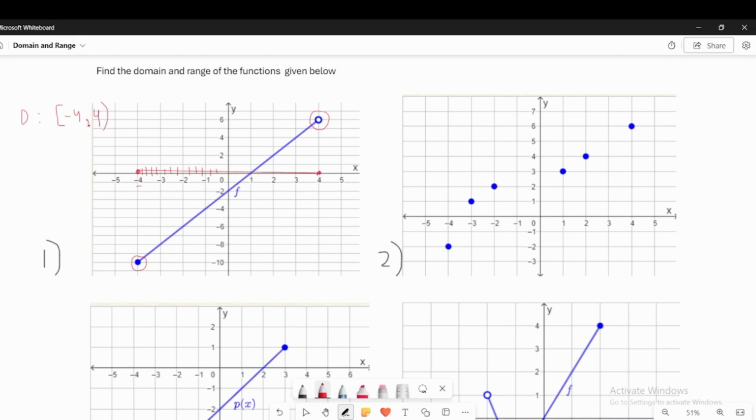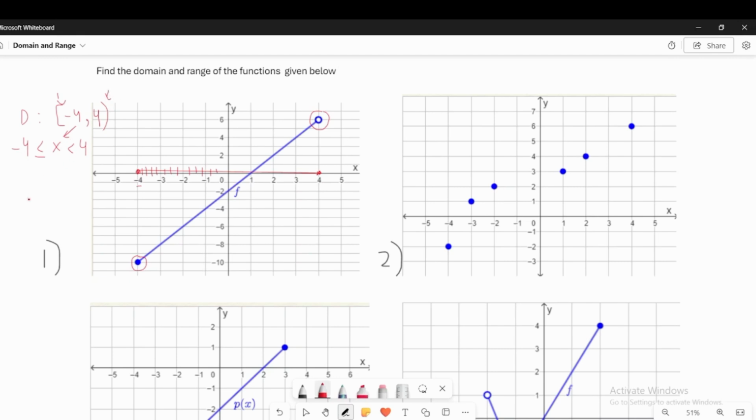Now, what does it mean? That your input can take any value that is greater than or equal to -4 and less than 4. All the numbers, and you know there are infinite numbers in this interval. Okay, so this is the actual meaning of -4 to 4 with these brackets here. So this is your domain.